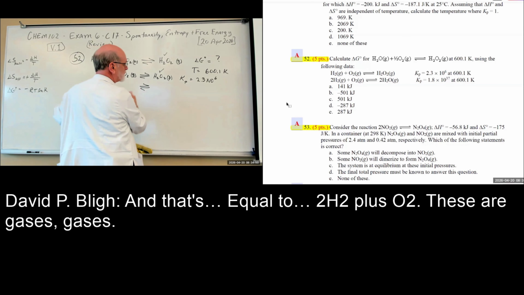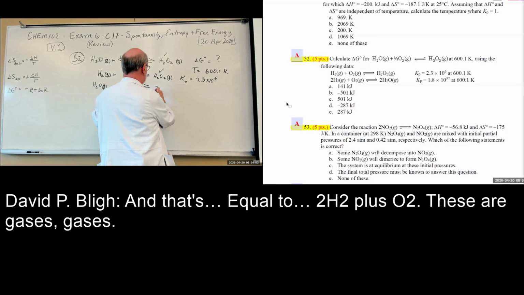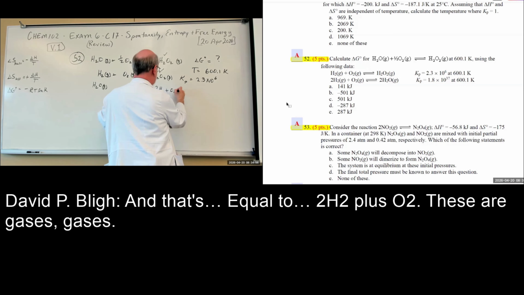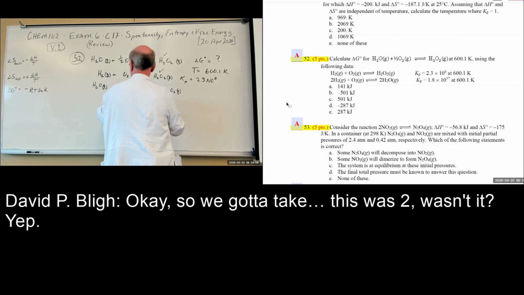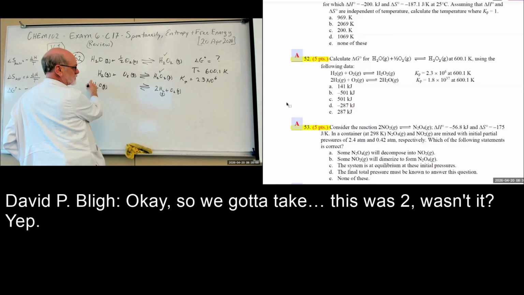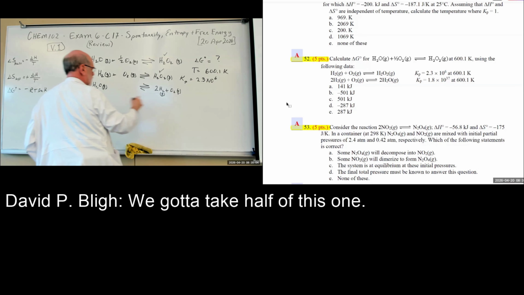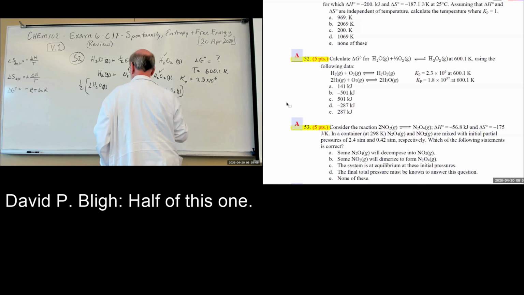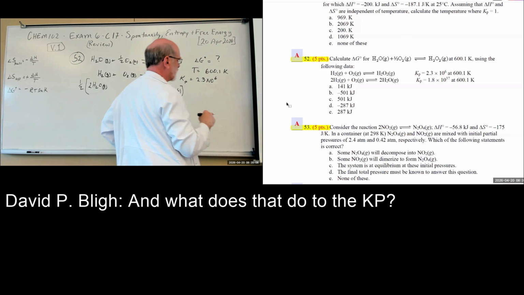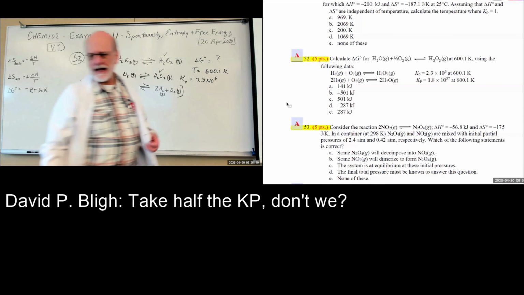It's equal to 2H2 plus O2, these are gases. What does that do to the Kp? Take half the Kp?